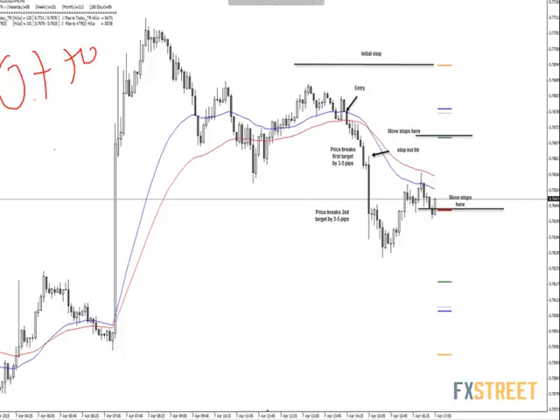Okay? And now at this example, you can see that Australian dollar is indeed in downtrend, okay, even on M5. And this is the time where we can see what happened today with Australian dollar.